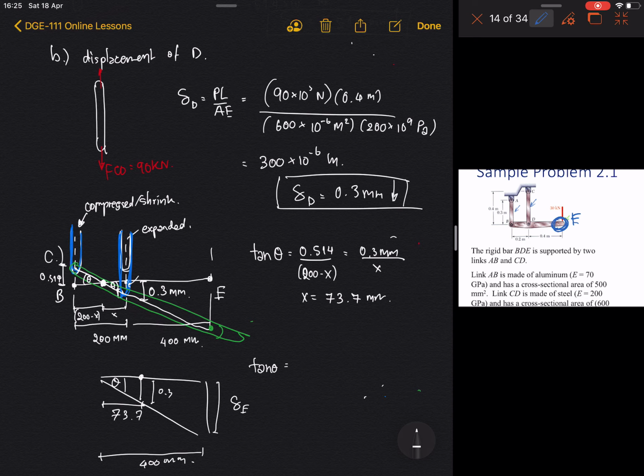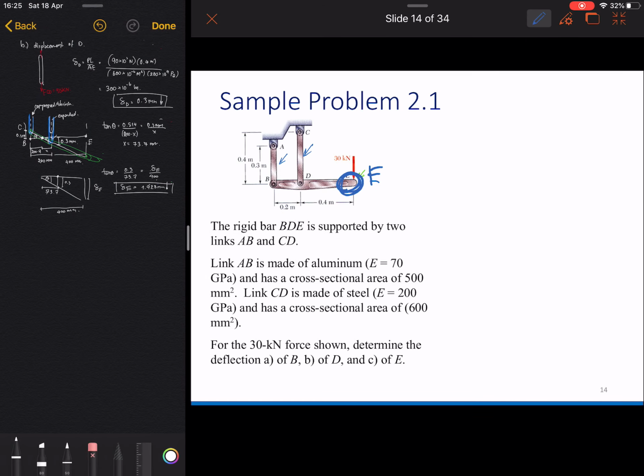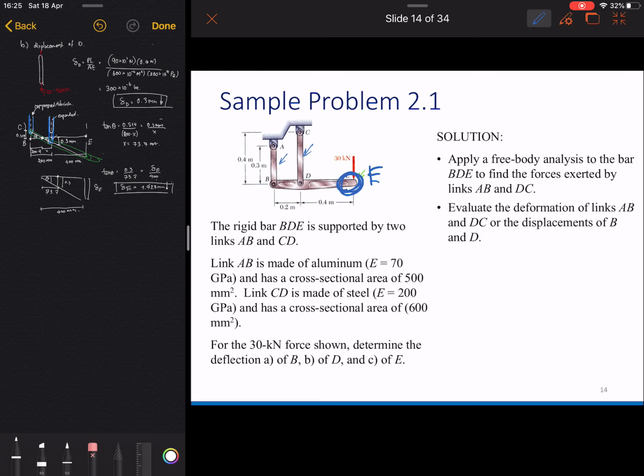So tan theta is equal to 0.3 over 73.7, equal to this one over 400, and in the end our deformation is equal to 1.928 millimeters down. Then we can answer all of them.